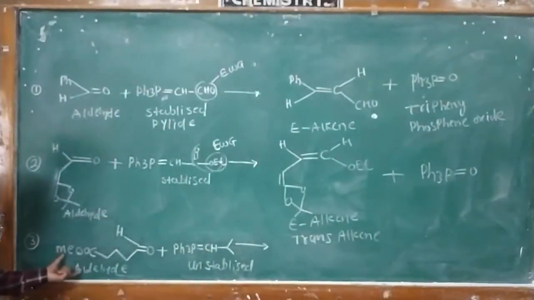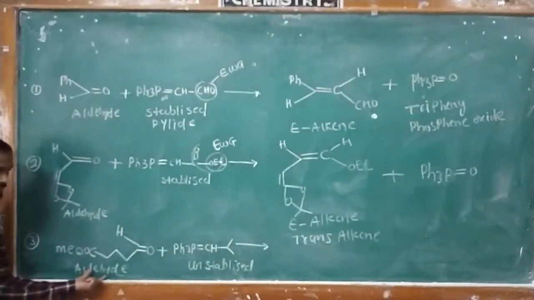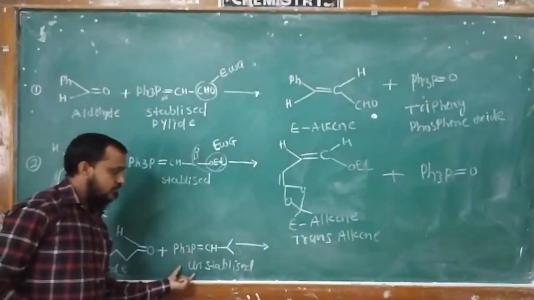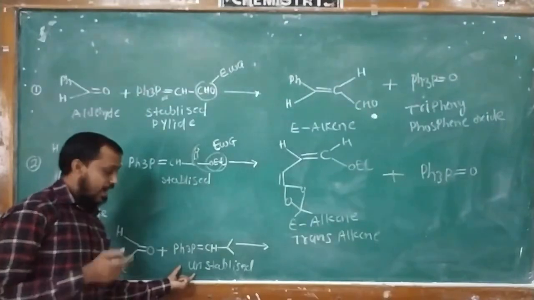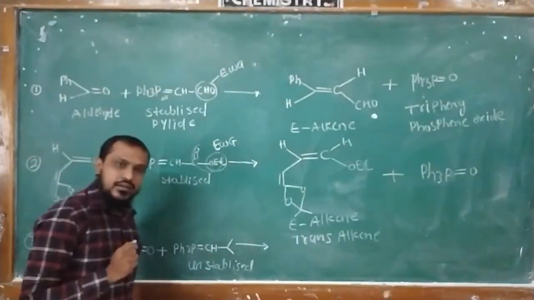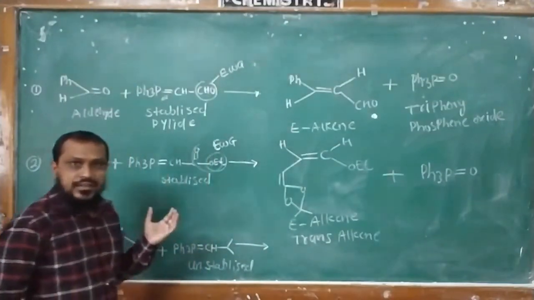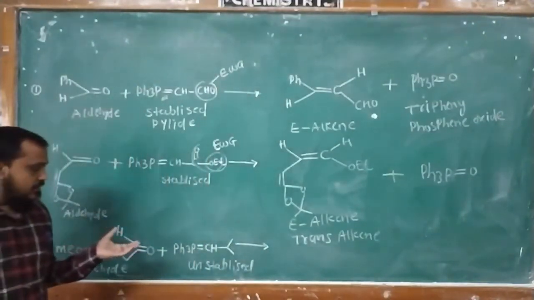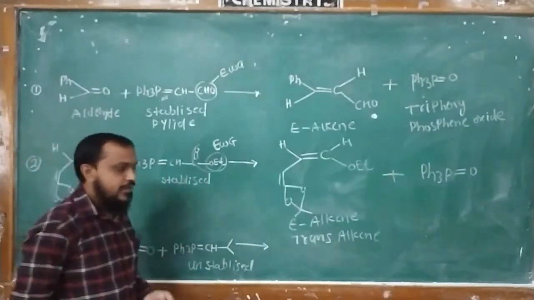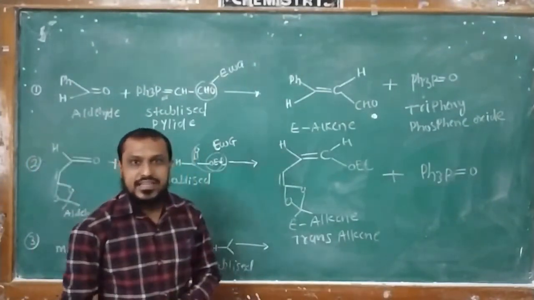Now in the third reaction, we take this type of aldehyde, but here I am giving an unstabilized phosphorus ylide. We know that when an unstabilized phosphorus ylide is used in the Wittig reaction, the product is obtained with the Z configuration.